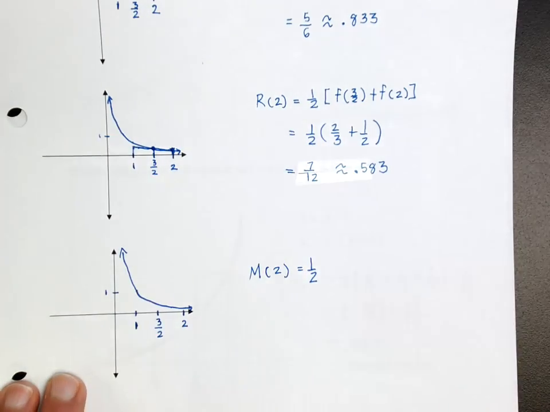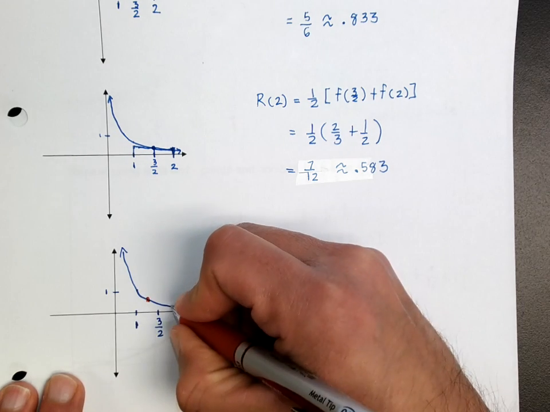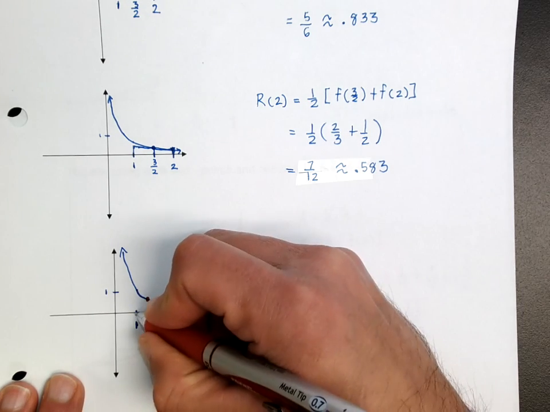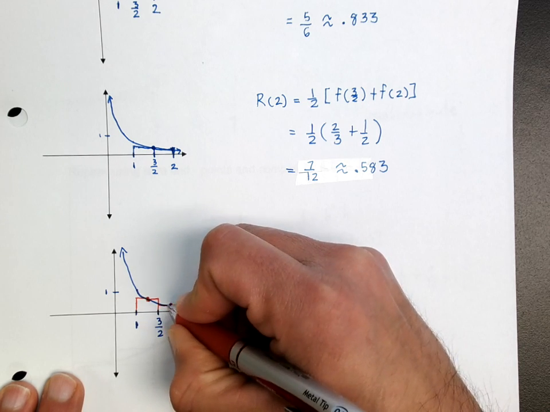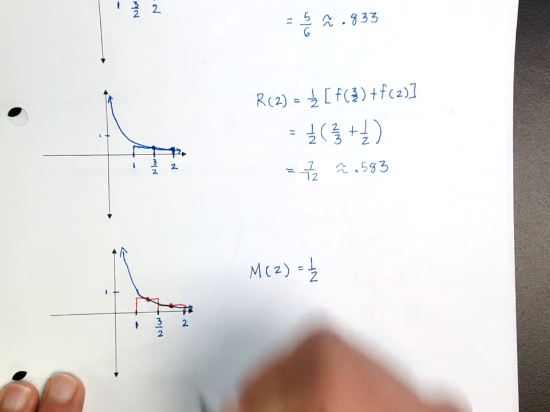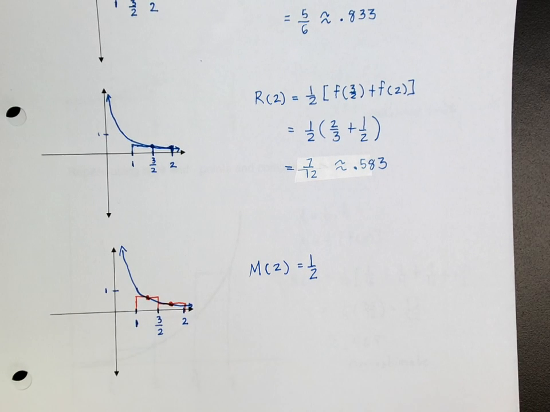On this one, basically what we're trying to find is the midpoint, which would be that point right there. To find those points, you have to find the midpoint between 1 and 3/2.